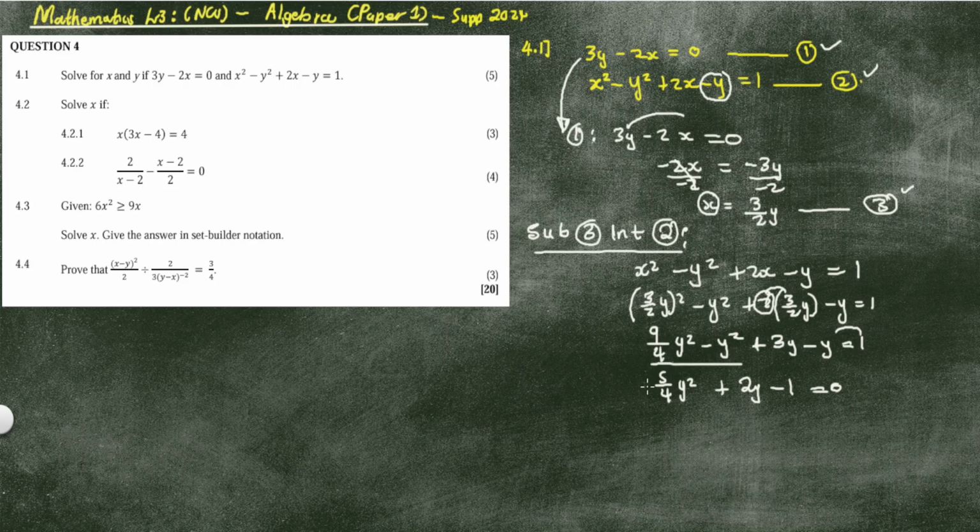First, I'll have to eliminate the fraction. So I'm going to take the LCM and multiply each and every term in this equation. The LCM is 4. The 4 cancels the 4. I'm left with 5y squared plus 4 times 2, that's 8y, 4 times 1, that's minus 4, equal to 0.